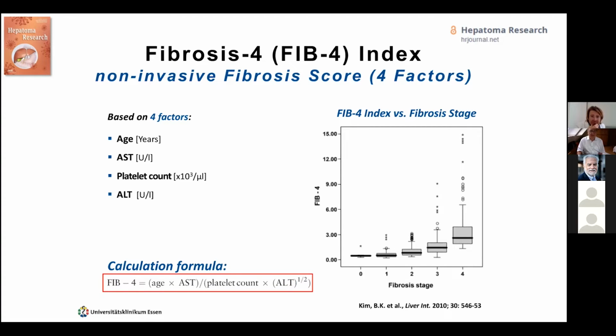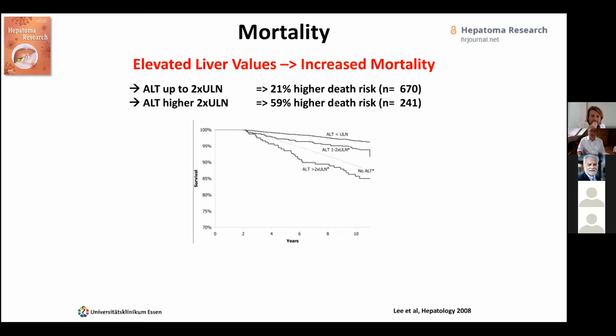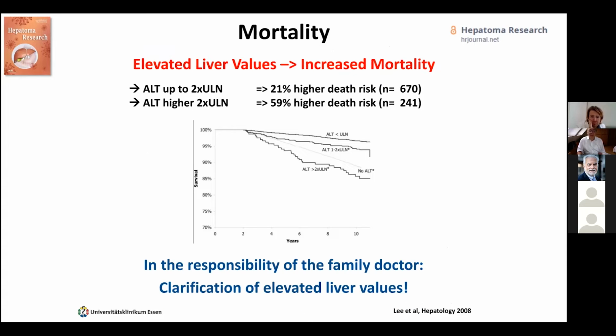This is an indirect value, but it is important because elevated liver values represent increased mortality. The elevated transaminases are not a harmful problem themselves, but they indeed represent a higher death risk if they are higher. And this is why the family doctors should focus on that.